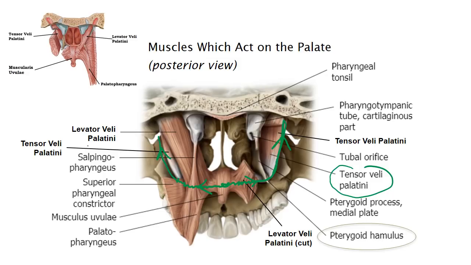Conversely, we have a levator veli palatini going a little bit more obliquely, but there is a direct pull of this levator veli palatini on the soft palate. I guess I should have said that this here is the soft palate. All of this is the soft palate. And here we see the uvula.